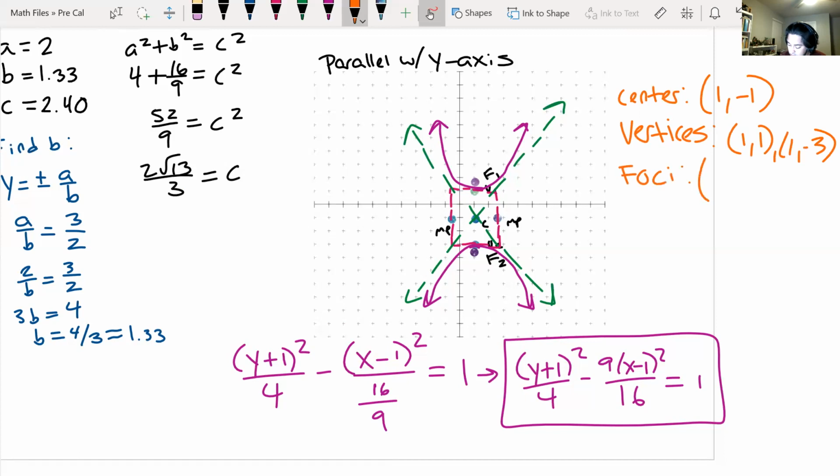Foci are ugly, so it's going to be 1 and negative 1 plus or minus 2 square root 13 over 3. And then minor points, ugly as well. It's going to be 1 plus or minus 4/3 and negative 1. And they give us the asymptotes already.